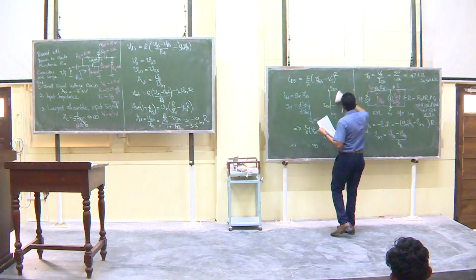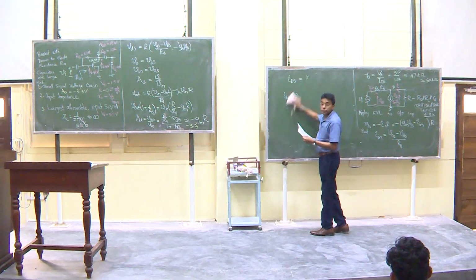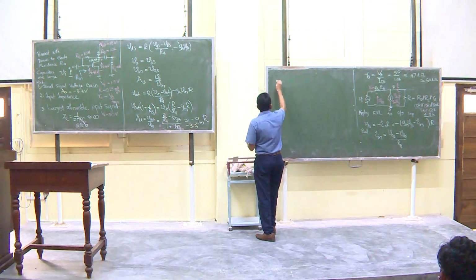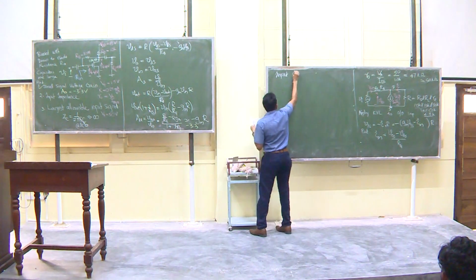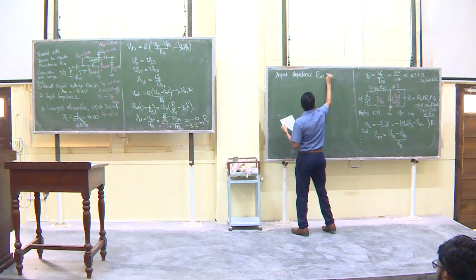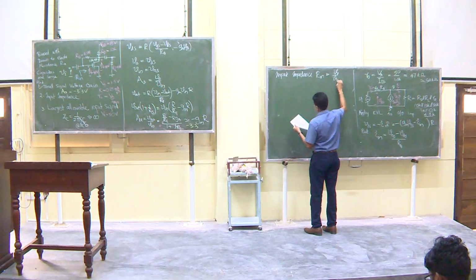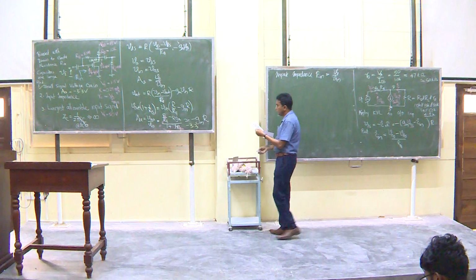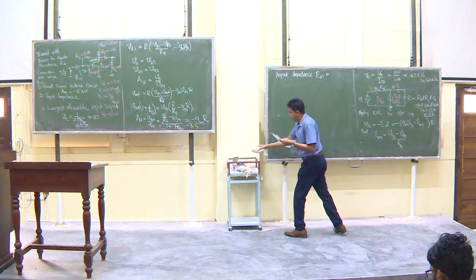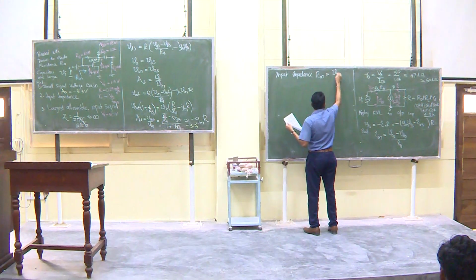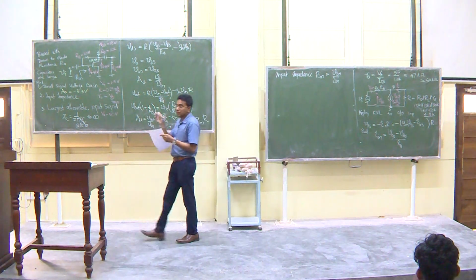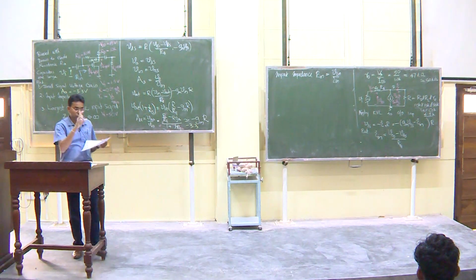To find that, input impedance R in is defined as V in over I in. Sorry, I wrote V out over V in; it is V in over I in. The voltage divided by current. Voltage is equal to IR, right?